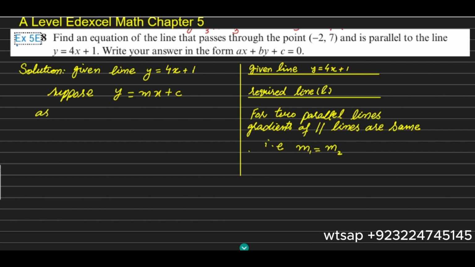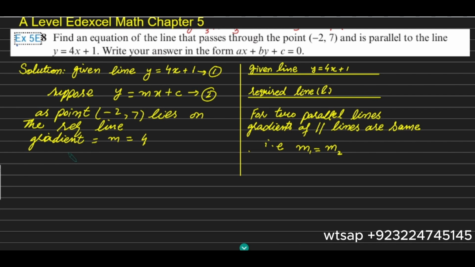As the point minus 2, 7 lies on the required line, so we use this point in equation 2. In place of y, we write 7. Also, as both the lines 1 and 2 are parallel lines, the slope of the required line will be m equal to the gradient of the line. This is the gradient of the required line. Now, we have the gradient for the required line and the point minus 2, 7. We use both things in equation 2.